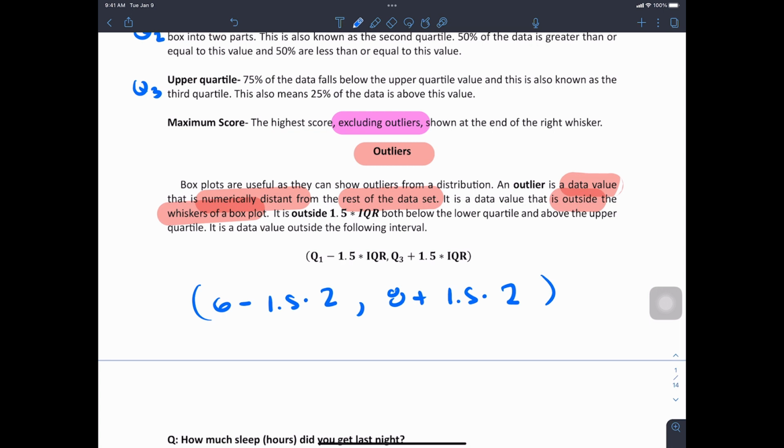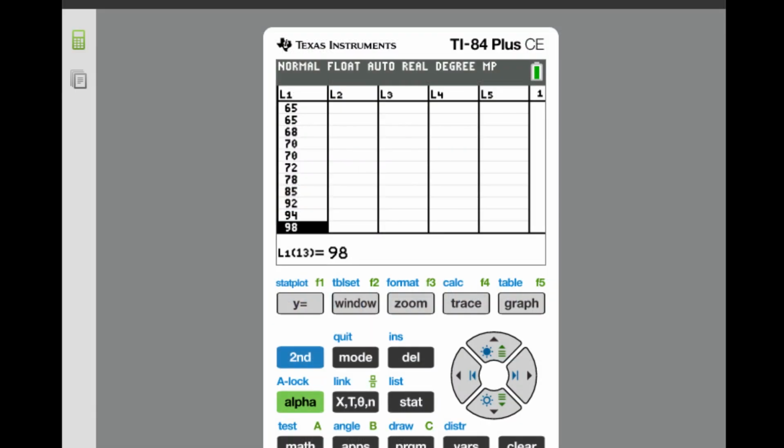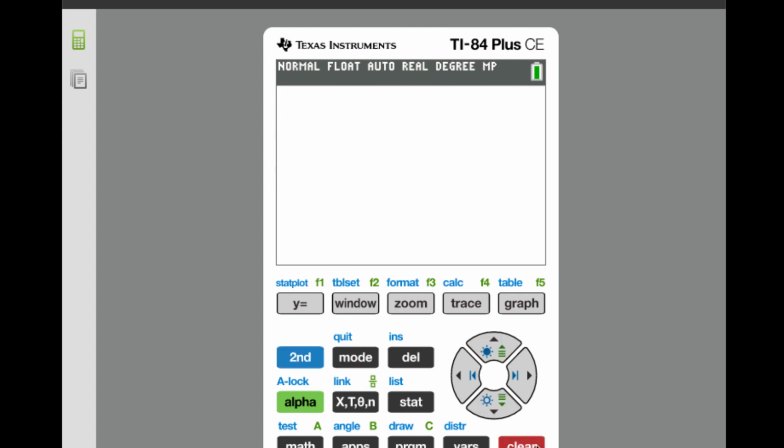So if you want to know what data value could be considered an outlier, it has to be outside of this interval. Here's what I mean. I'm going to clear out my calculator and say I need 6 minus 1.5 times 2. That gives me 3.